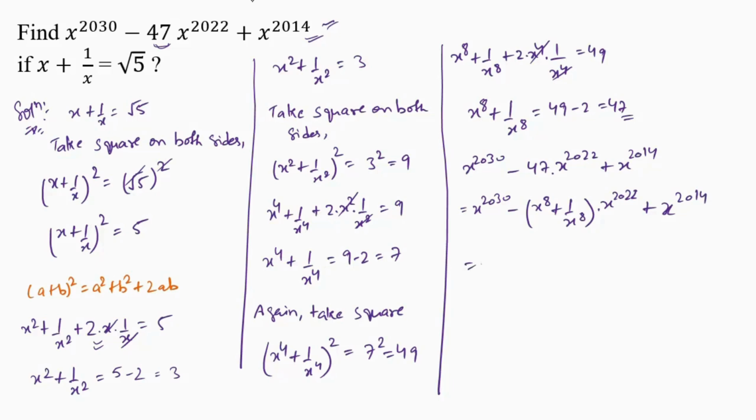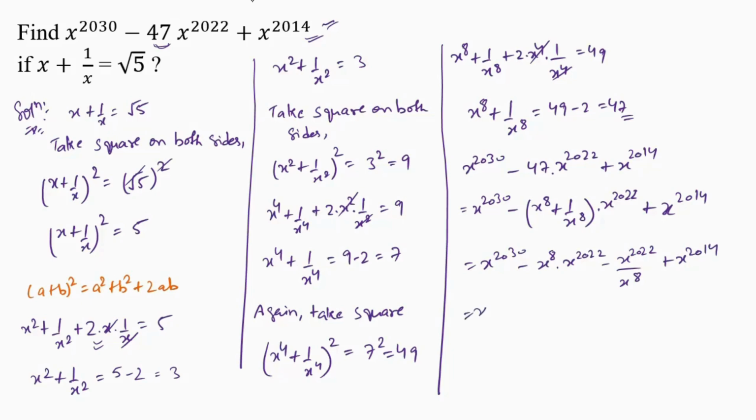So on solving this we get x raised to power 2030 minus x raised to power 8 times x raised to power 2022 minus x raised to power 2022 over x raised to power 8 plus x raised to power 2014.